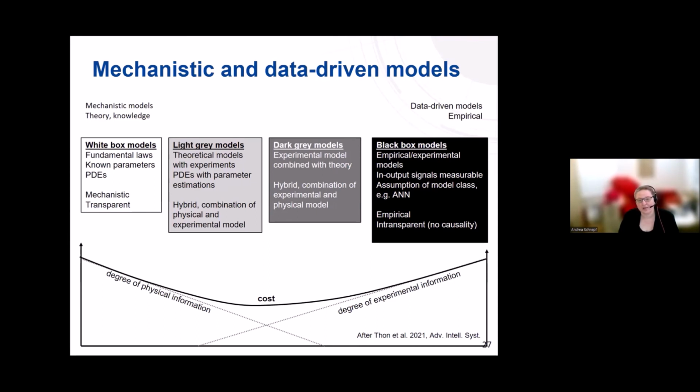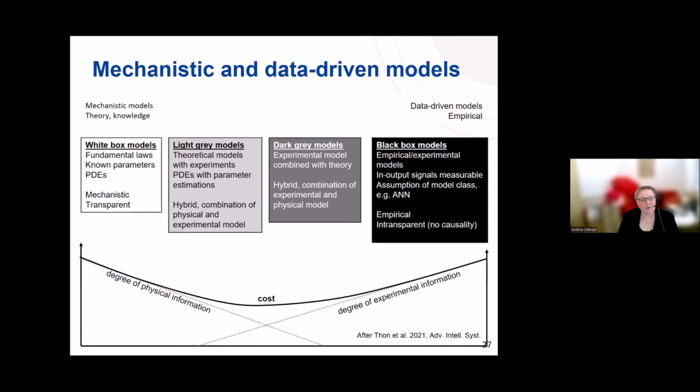On the right-hand side, we have data-driven models, which are empirical and trained and have different input and output signals that are measurable. These can also be very complex models, but they don't give us an idea about the causality between the input and the output signals.